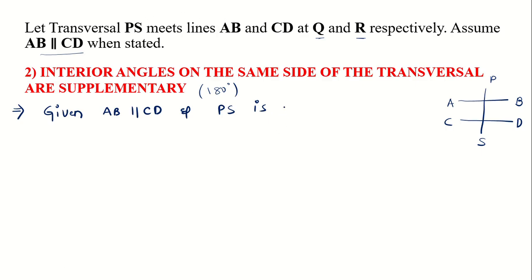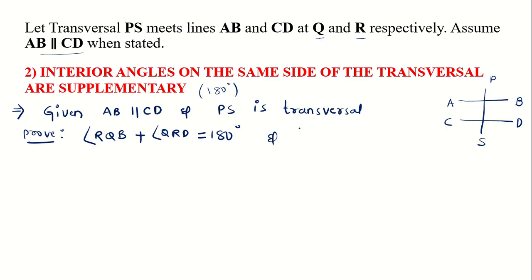Given that AB and CD are parallel lines and PS is a transversal line. Okay, so we need to prove that angle RQB plus angle QRD is equal to 180 degrees, and the next pair is angle AQR plus angle QRC is equal to 180 degrees.